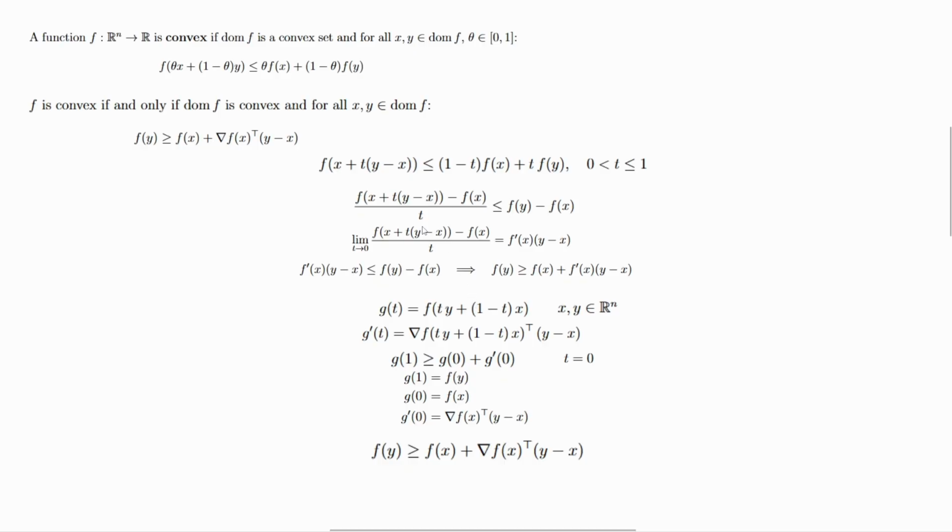Then we said, if we can define a one-dimensional function whose input is a generalized function, then maybe we can use our previous knowledge about one-dimensional functions to derive the property that we want of the n-dimensional function. So we did that a little bit cleverly, and we arrived at our conclusion.